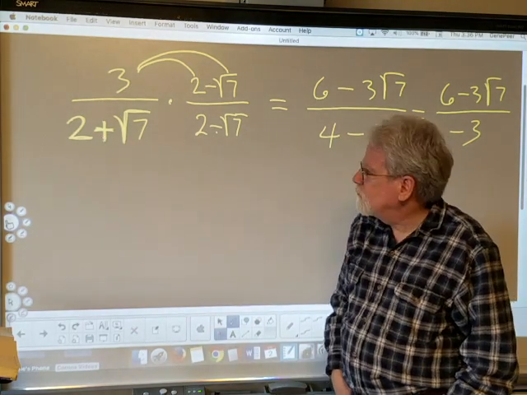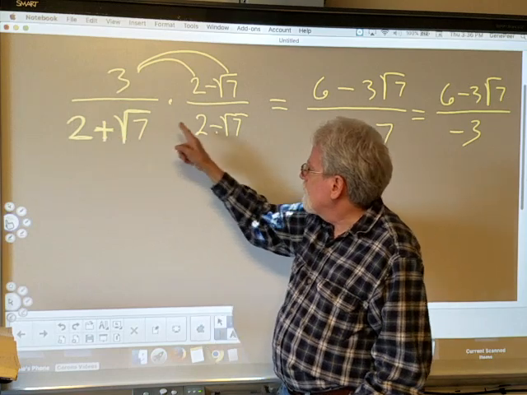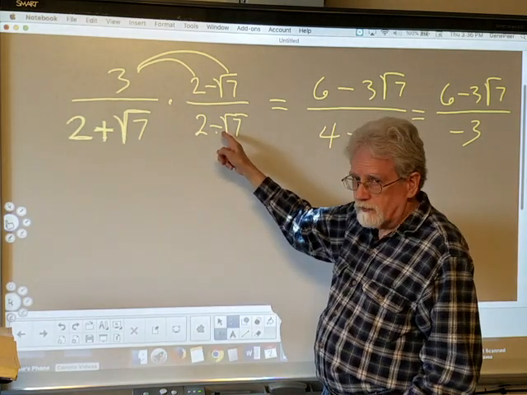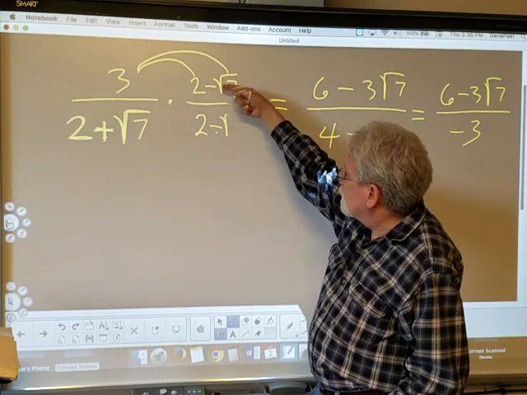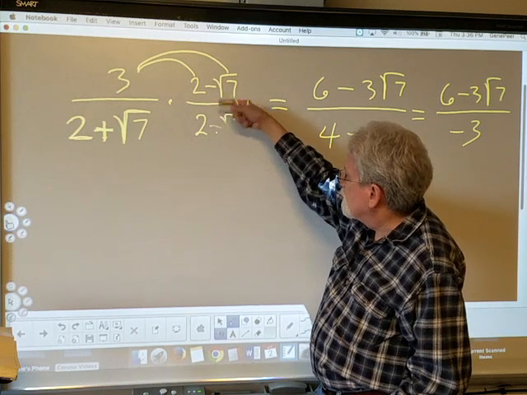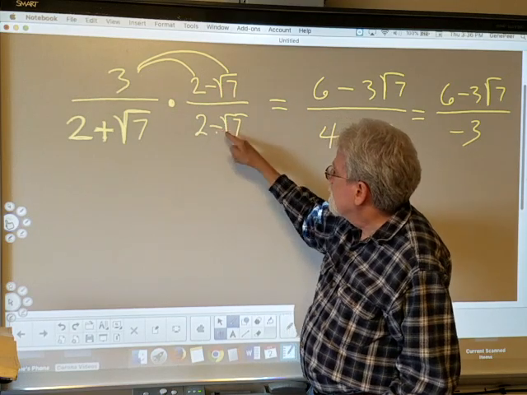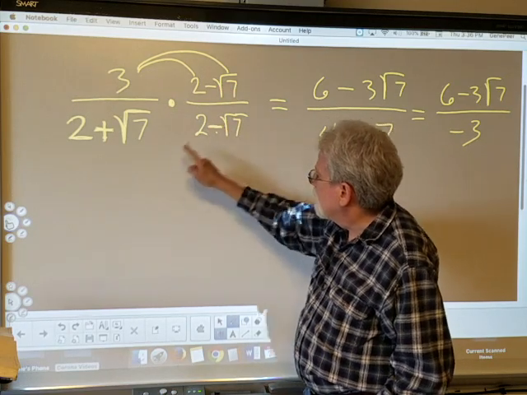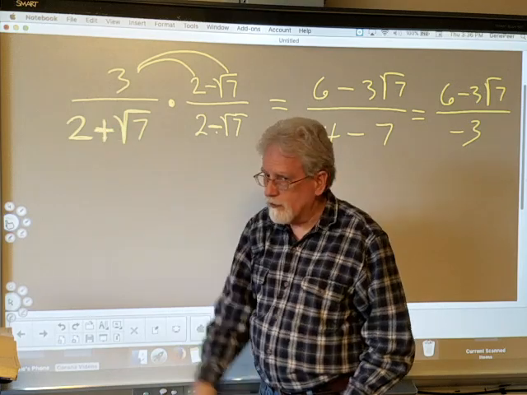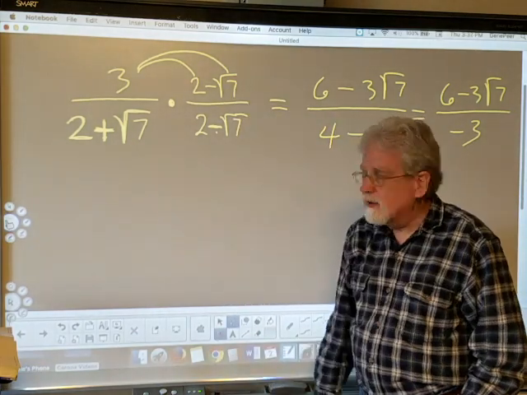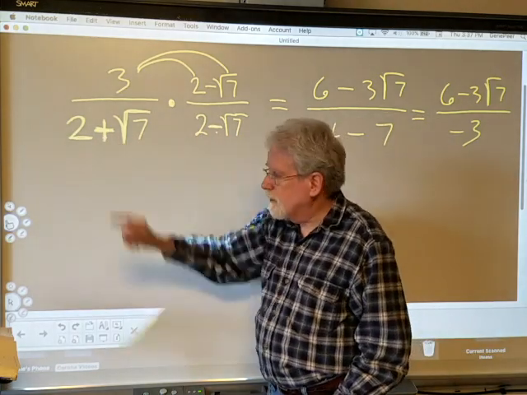And what's meant by conjugate? Just change the plus into a minus. Or if this were a minus, you would change it into a plus. Multiply by the conjugate, numerator and denominator. We multiply the numerator and denominator by the conjugate of the denominator. Memorize that phrase.